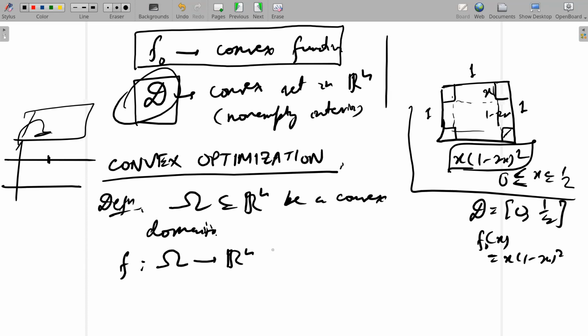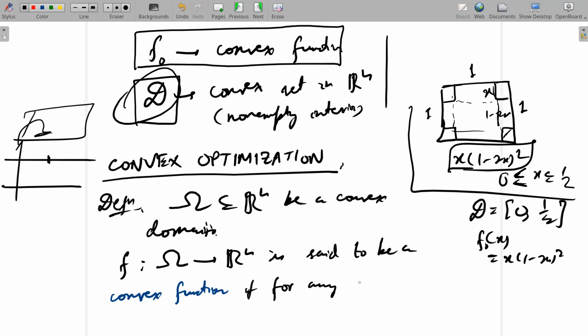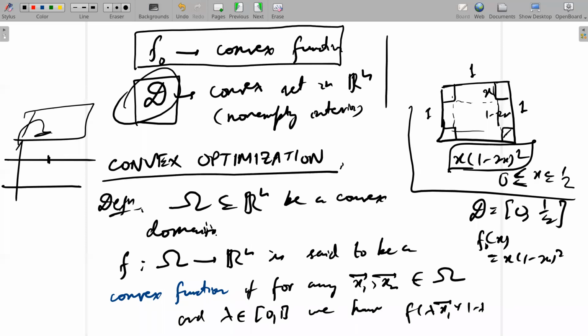So f is said to be a convex function if for any x1, x2 in Omega, and lambda in [0, 1], we have f(lambda x1 + (1 - lambda) x2) is less than or equal to lambda f(x1) + (1 - lambda) f(x2).